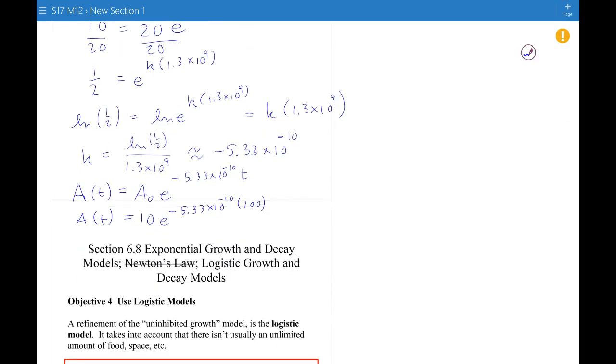I'm going to suggest you figure out how to save this number in your calculator so that you can use the actual number and not a rounded off number, because it can make a difference. I'm getting approximately 10.00 grams. So it hasn't really decayed enough to notice yet.